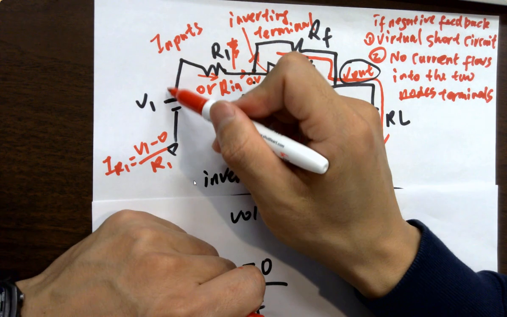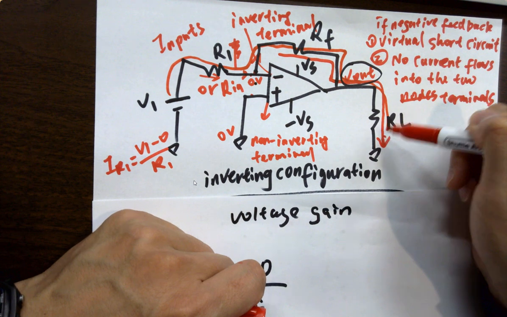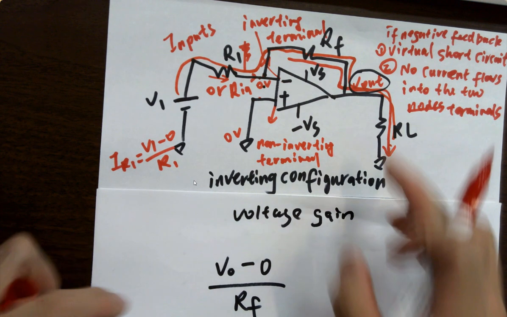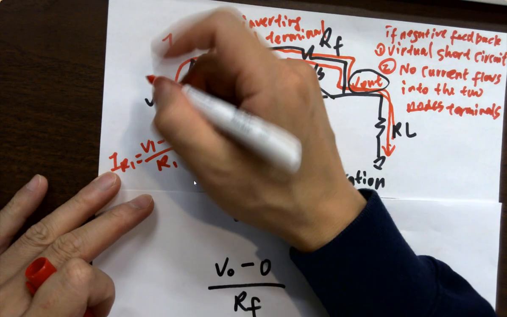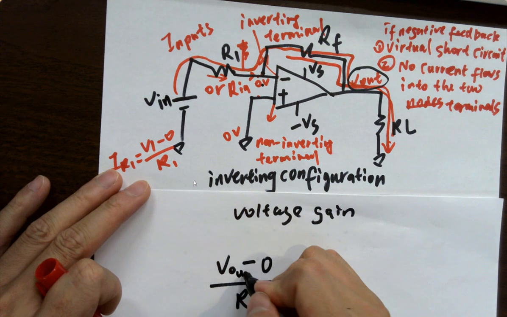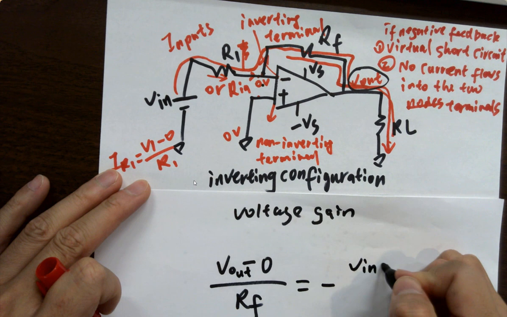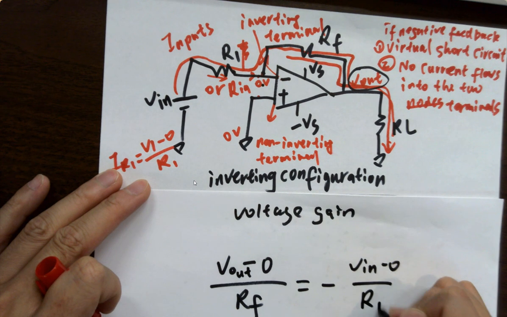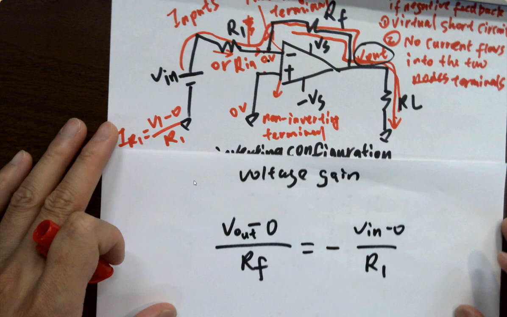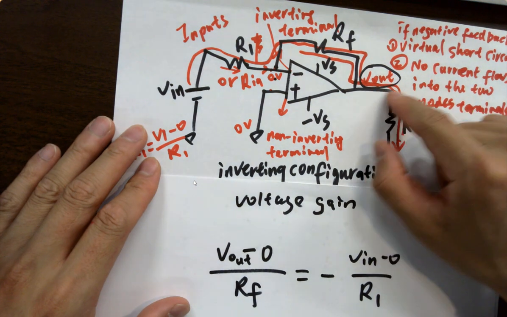Going here, going up, going through the resistor, going back to the output, right? Now we want to build a relationship between V out and V in. This is V in. So V out minus 0 over RF equals negative V in minus 0 over R1. It's the same current, just one current, just the opposite way to do it.